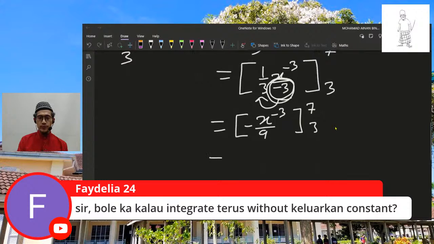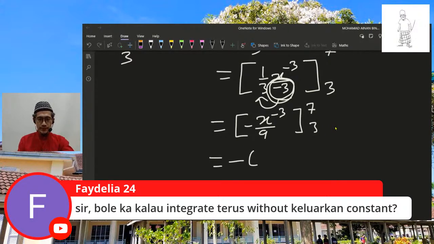Then we want to substitute. Actually we can take out this 1 over 9 outside. But since we already include the fraction inside, we have to substitute the upper limit and lower limit and calculate the over 9 together.